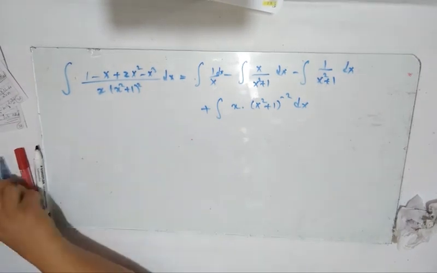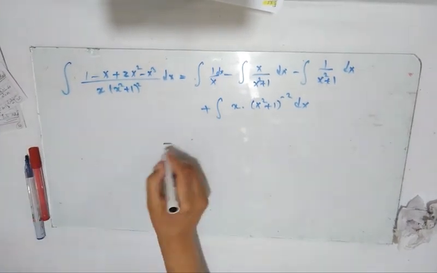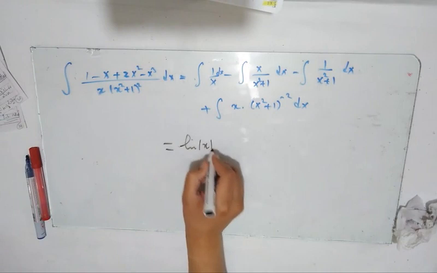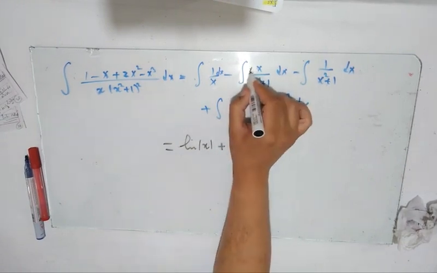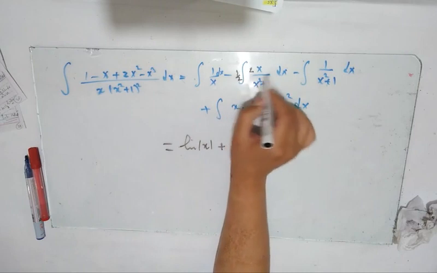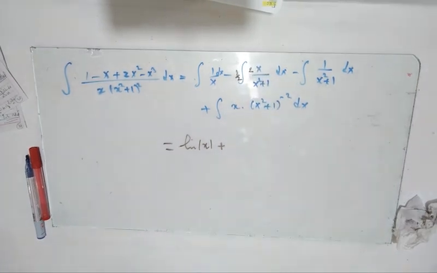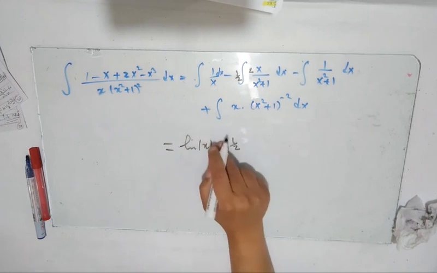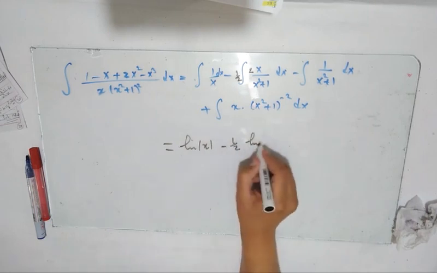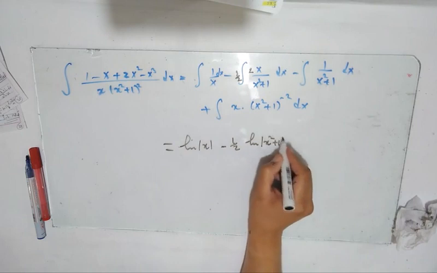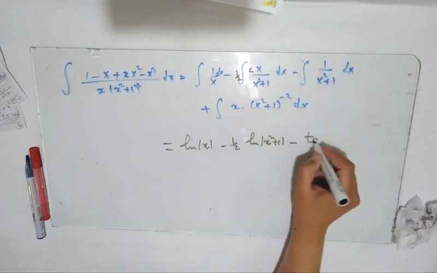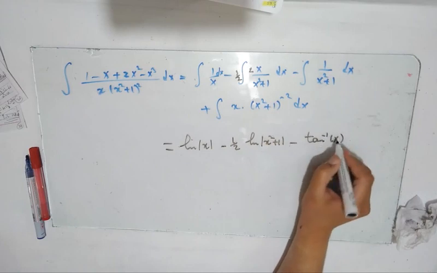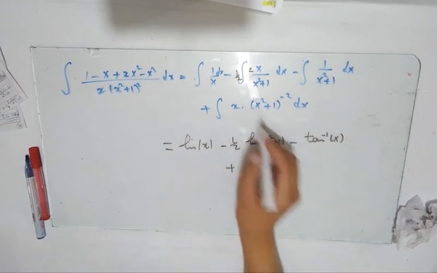So the first one is easy. It is just ln of the absolute value of x, and for the second one we can multiply by 2 just to make the numerator the differentiation of the denominator. So you will have minus 1/2 ln of the absolute value of x squared plus 1, minus this integral, which is tan inverse x, plus the last one here.